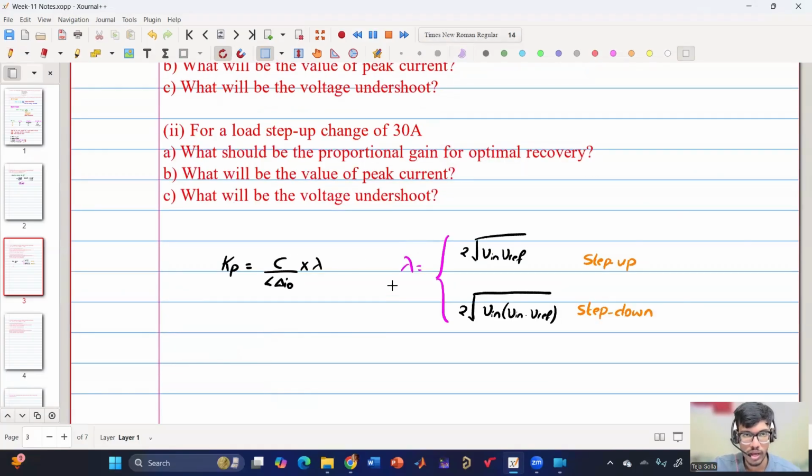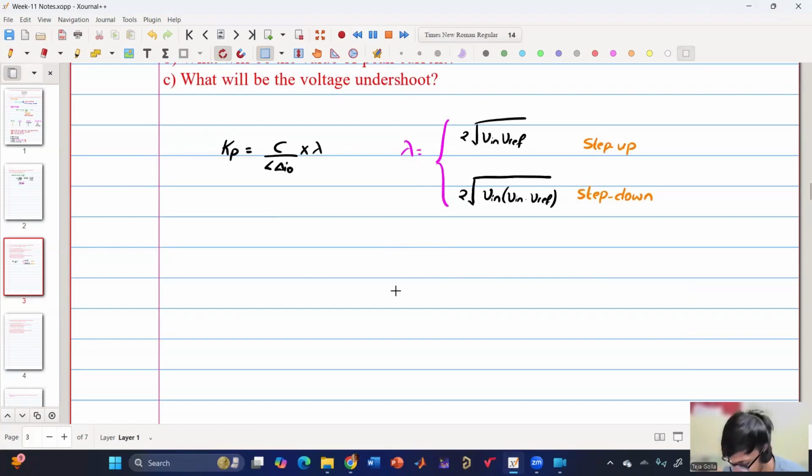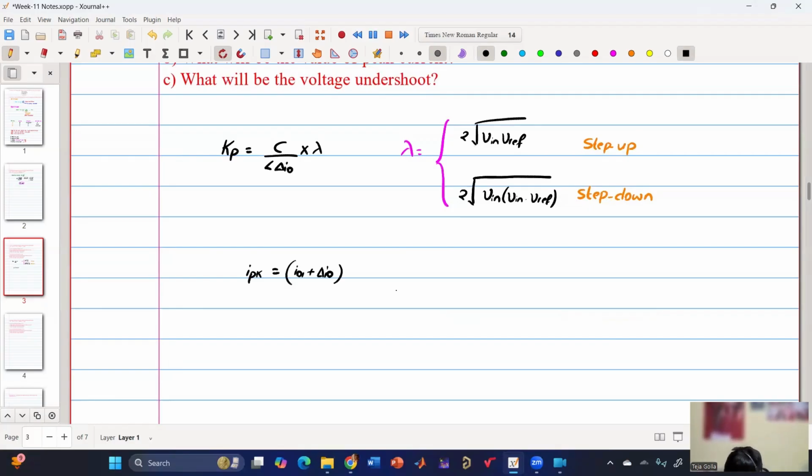Now we also have peak current as well as voltage undershoot. So sir has given the expressions for those as well. I'm just noting it down. So we'll have I peak, I naught one plus delta I naught. Delta I naught is the step.